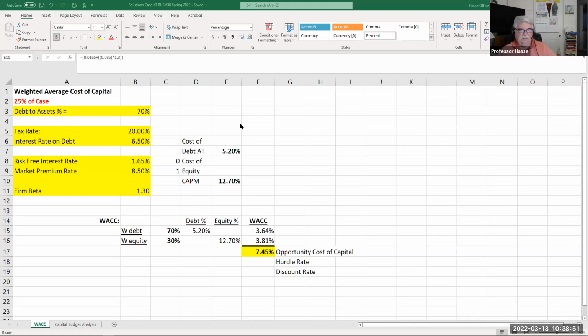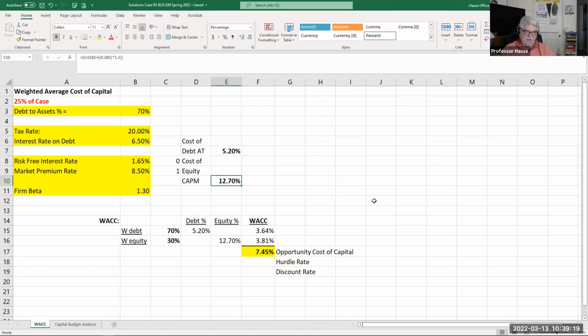So if I do that calculation, I get 12.7% as the cost of equity. 1.65 plus 8.5%, which is the market premium, times 1.3 beta, 12.7%. 30% is the weighted equity of this company with a debt of 70. Equity must be 30. 30% of 12.7 is 3.81.